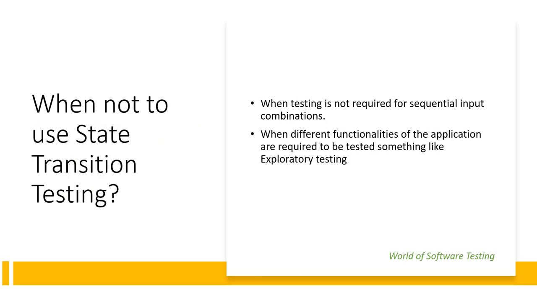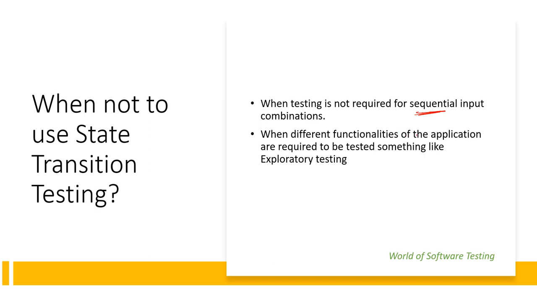Now let's see when not to use state transition testing. You should not rely upon it in the following situations. The first is when testing is not required on sequential input combinations. If it is not sequential, then it is not good to go with the state transition testing technique.